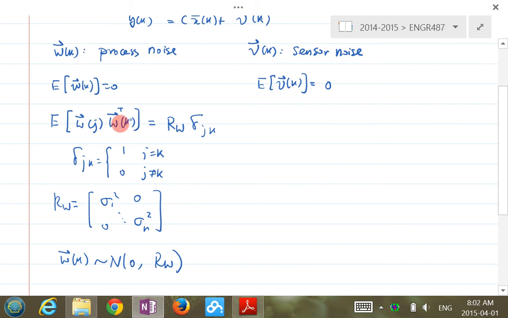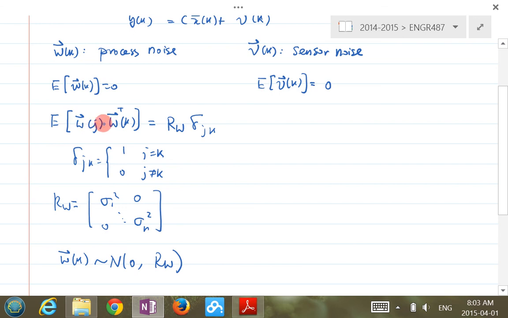So the covariance, or the correlation, for the random vector W is this. If j and k are not the same, it's 0. Otherwise, it's just 1, for this Kronecker delta function. So if j and k are not the same, the two random vectors are independent from each other.